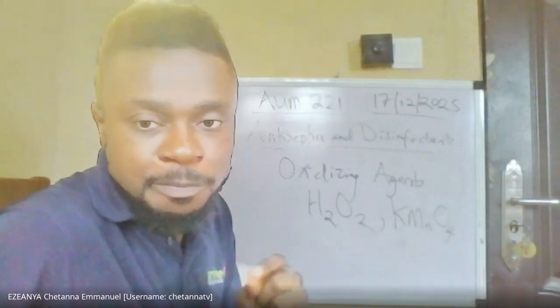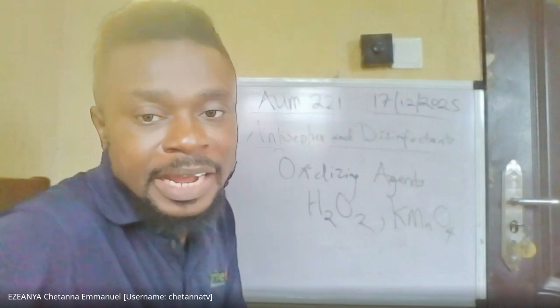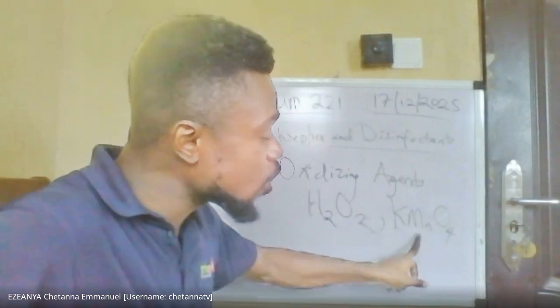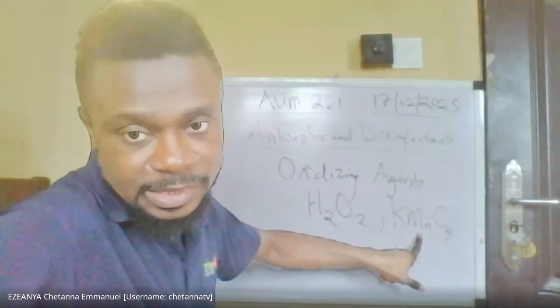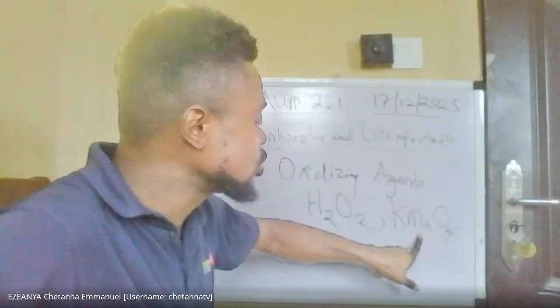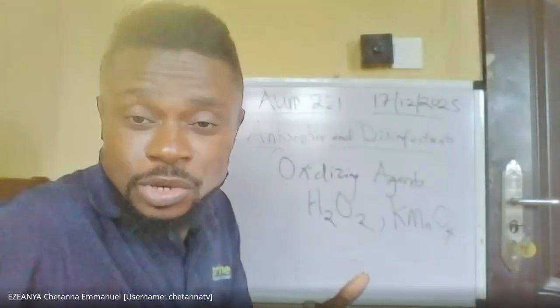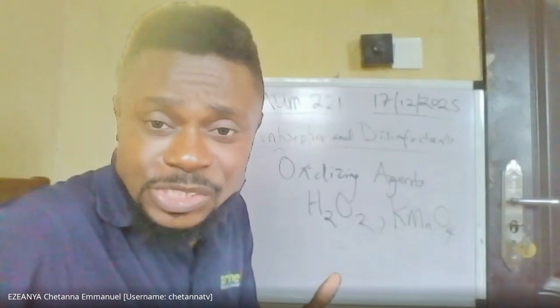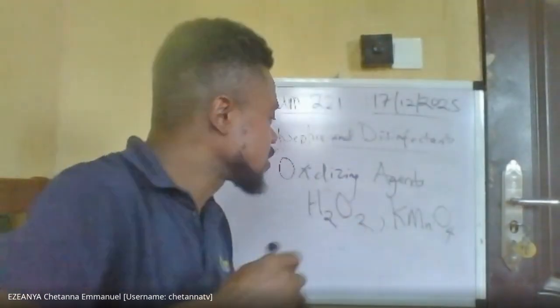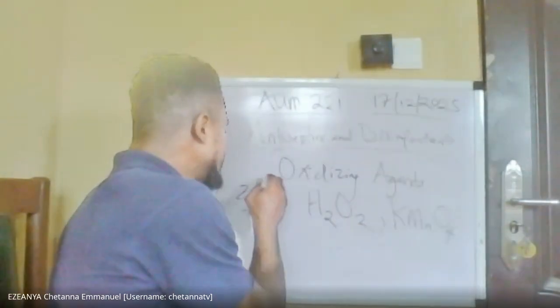For potassium permanganate, this one has a very broad activity. We use a dilute concentration. I hope you have done concentration, because these things are put in 3%. These are different concentration terms.